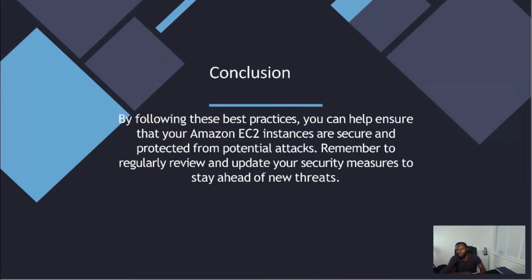Right. So, in conclusion, by following these practices, you are definitely protecting and also securing your EC2 instances from attacks. And also remember to regularly review those security measures to stay on top of any threats. And another key thing that I didn't mention is that you can also leverage third-party solutions.